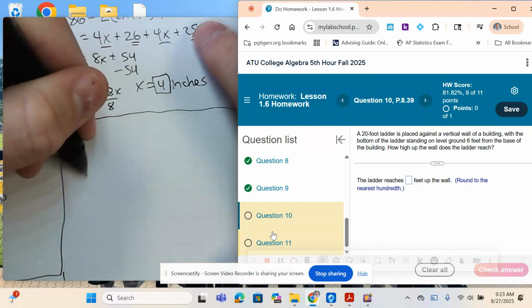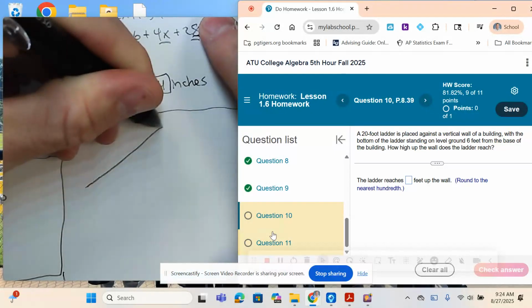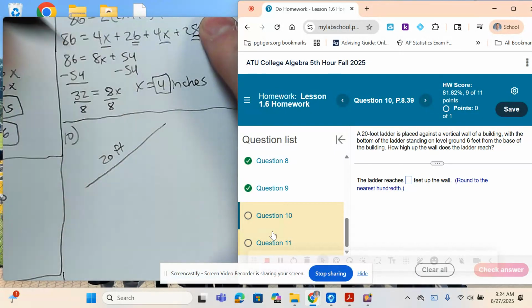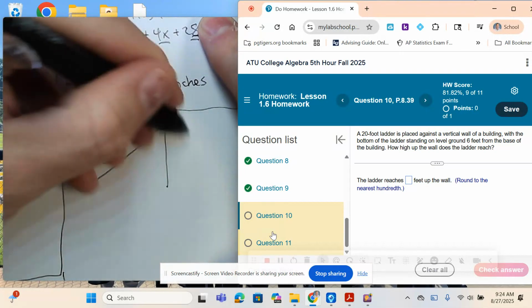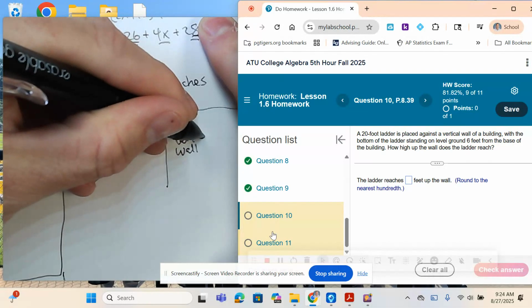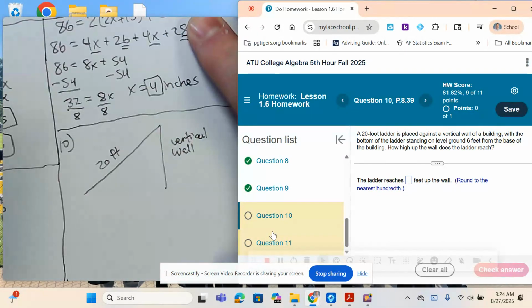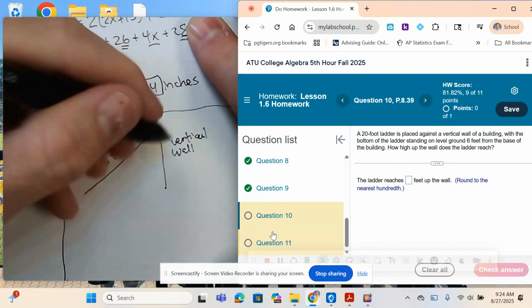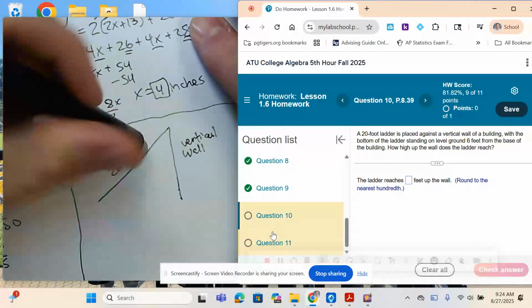All right, 10. I've got a 20-foot ladder, not drawn to scale here obviously, placed against a vertical wall and standing on level ground 6 feet from the base of the building. This is not drawn very well to proportion.